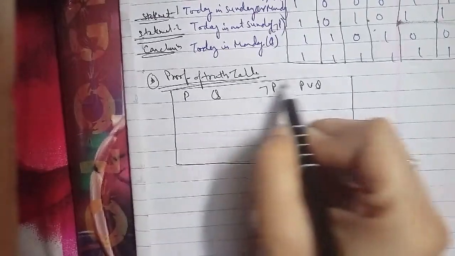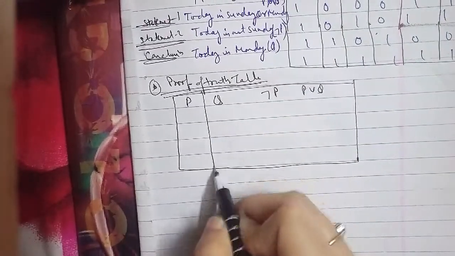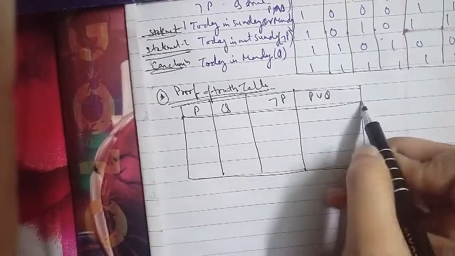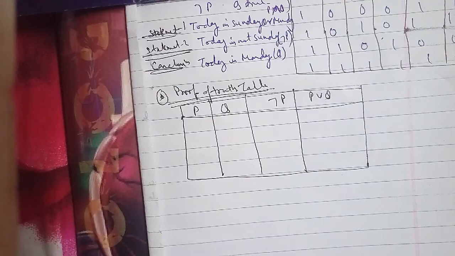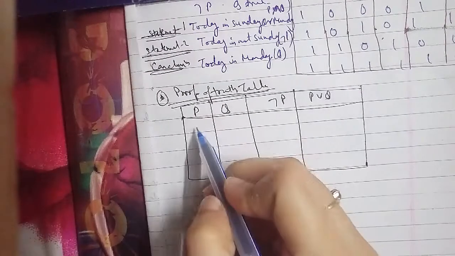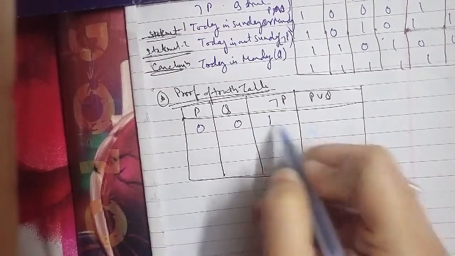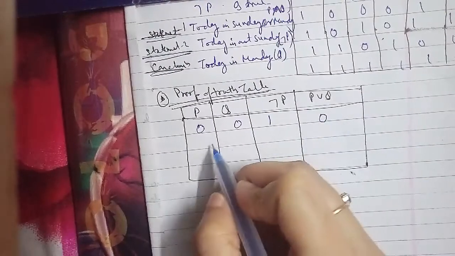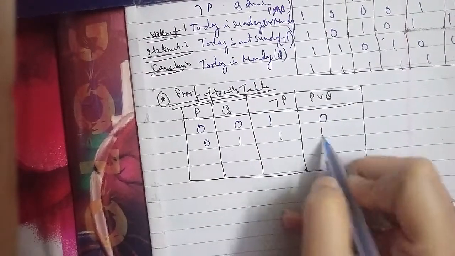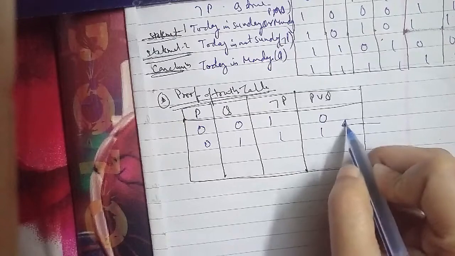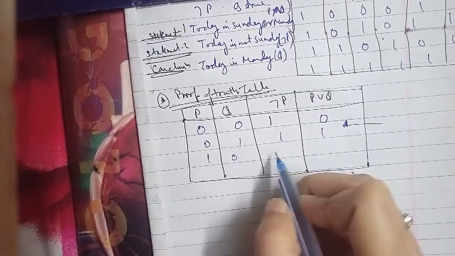Addition. The addition rule states that if P is true, then P or Q is also true. So for example, we have here statement 1, statement 2 and conclusion.